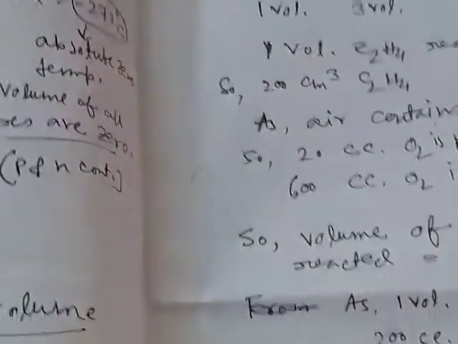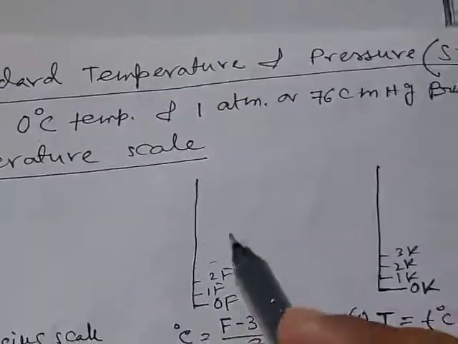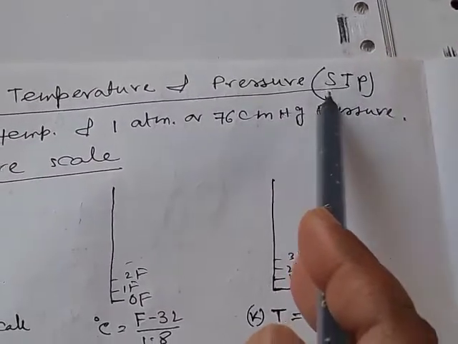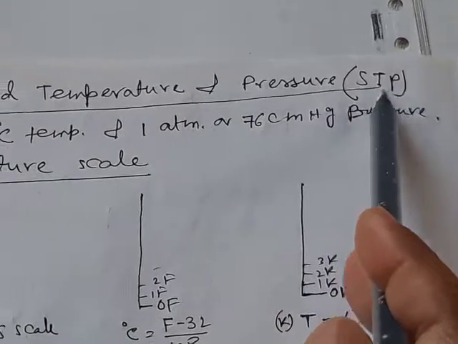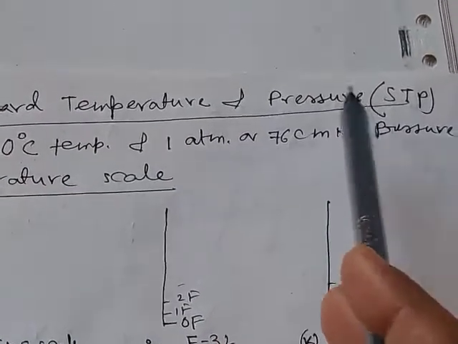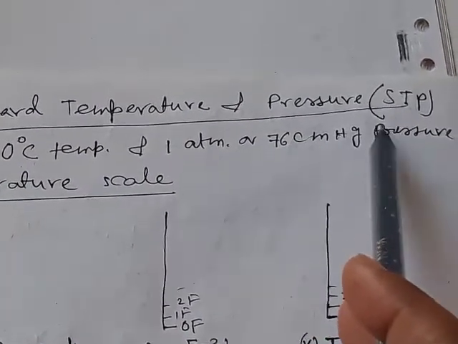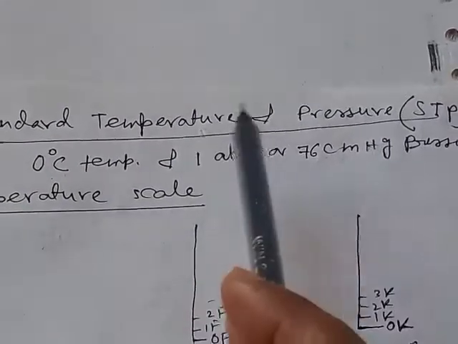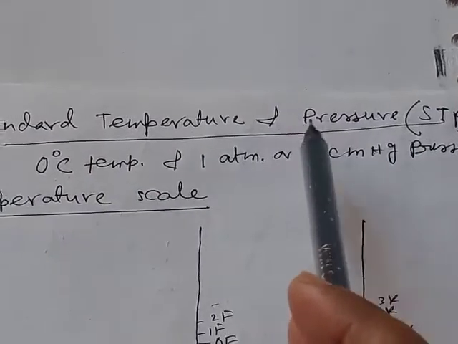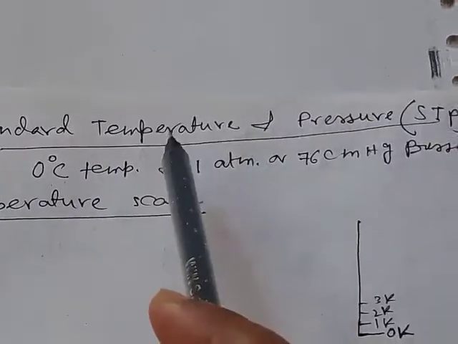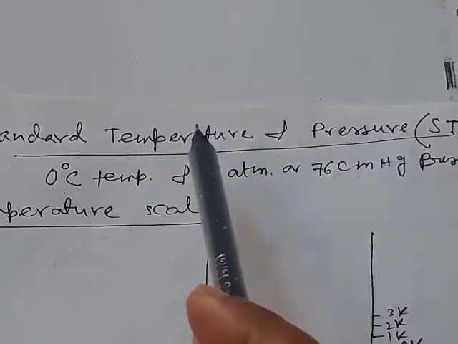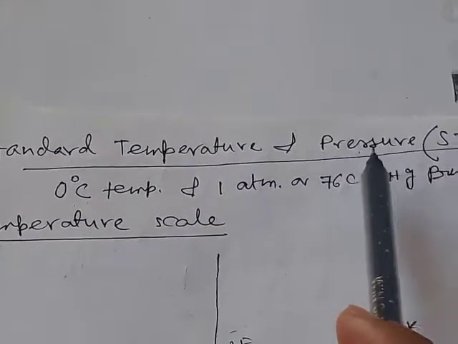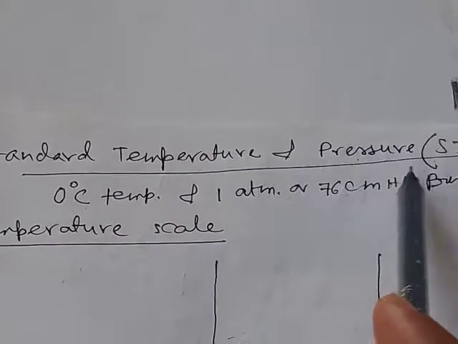Now, standard temperature and standard pressure, that is called STP. As we know, the volume of a gas depends on pressure and temperature. So to define the volume of a gas, we always have to specify pressure and temperature. For this reason, a reference pressure and temperature is always taken.